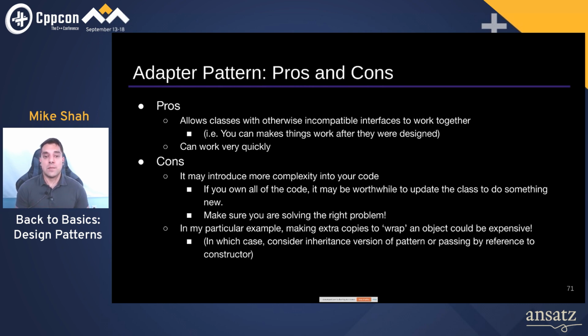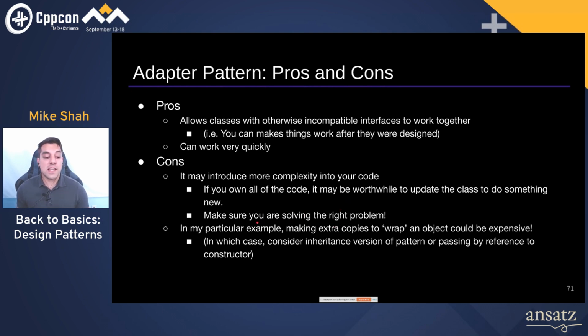So be a little bit careful with the adapter pattern. It also might be worth noting that if you do own the code, so in our case, the text class, it might be worth it to just update that actual class if you know you'll need this functionality going forward. So again, just make sure you're solving the right problem.